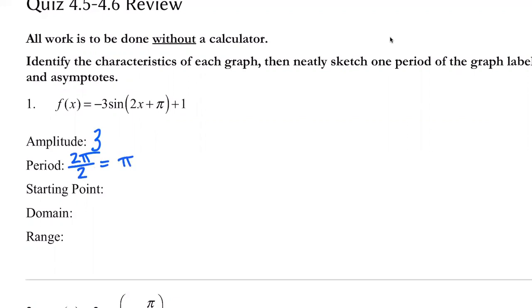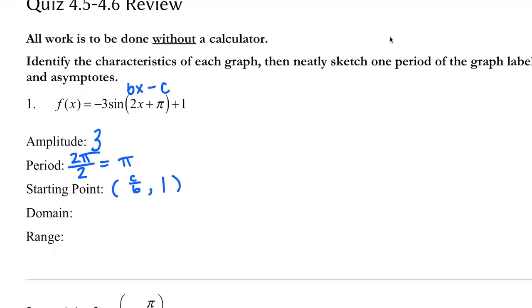Our starting point is calculated by taking c over b, comma d. I think we can all agree that our d value is 1. Now, here, this is our bx minus c.